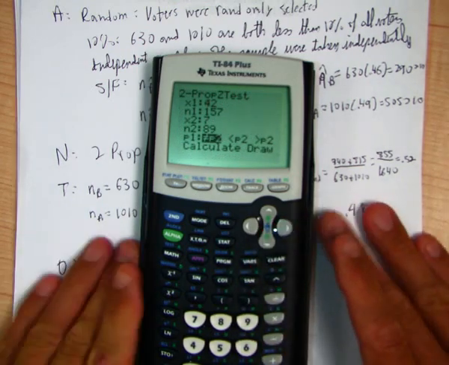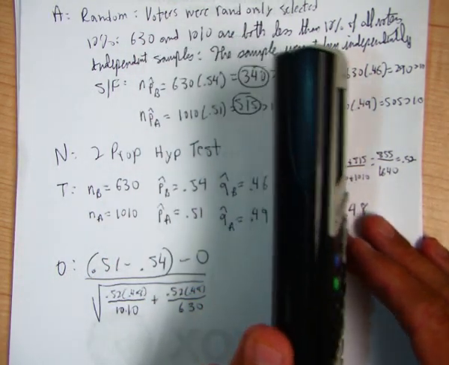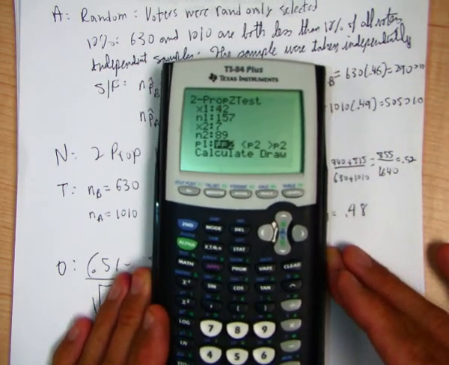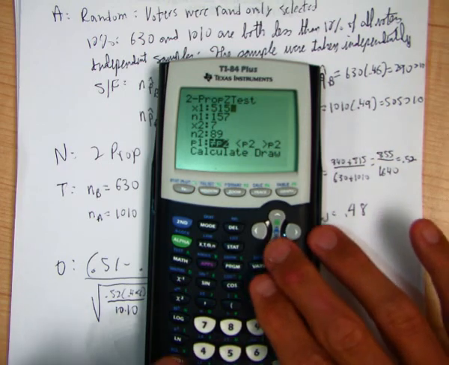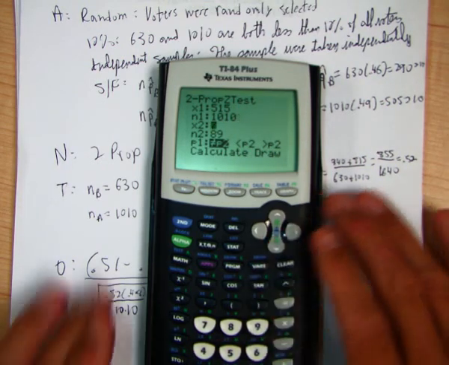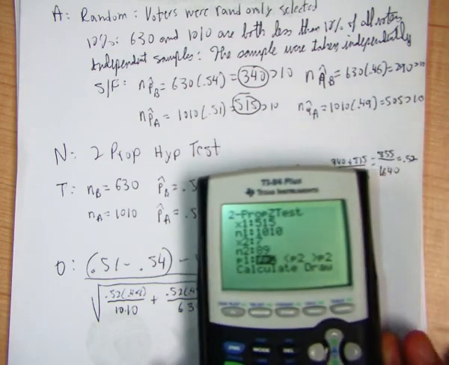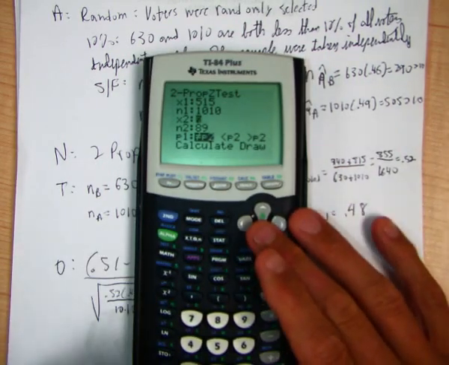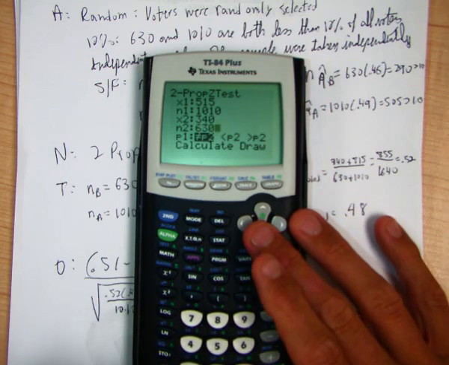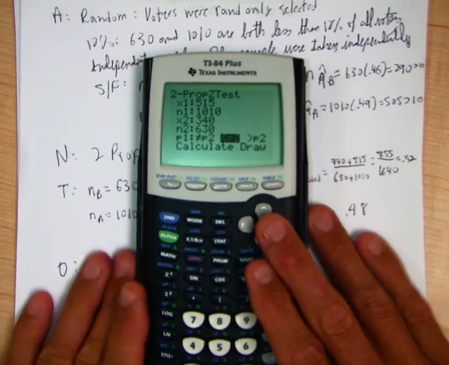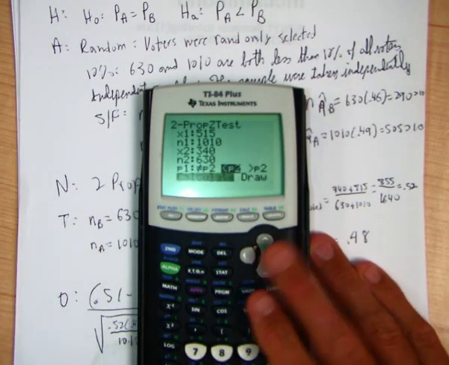So let's see, the after is going to be 515 out of 1010, and the before is going to be 340 out of 630, and we're going to test the less than, and then we're going to do draw.